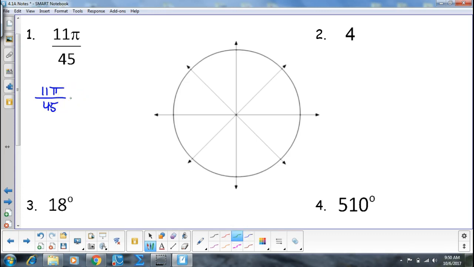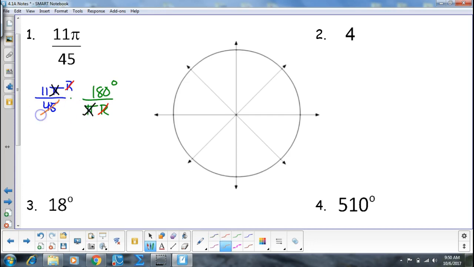So now that is in what? Radians or degrees? That's in radians, right? Because we see the pi. So that means I am going to get rid of said pi and leave it in degrees. Radians cancels out. Pi cancels out.